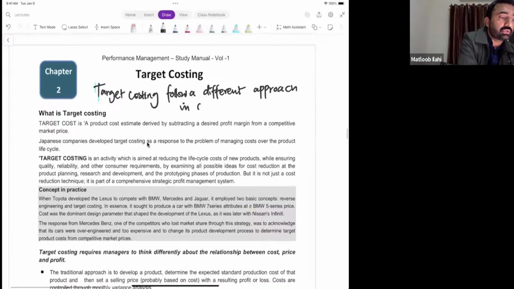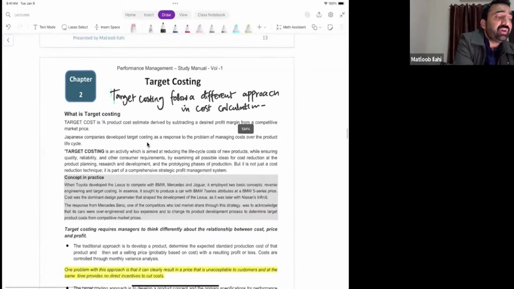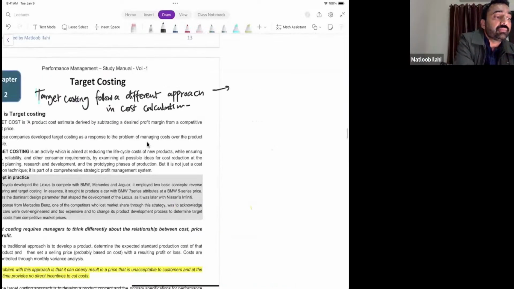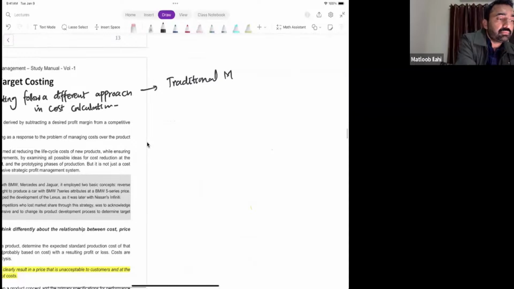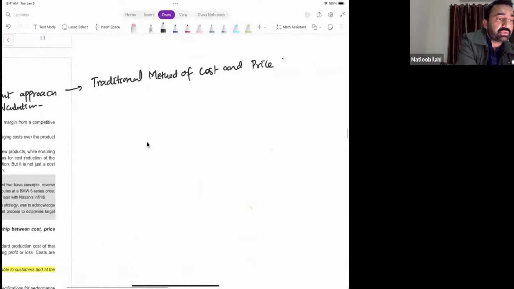In cost calculation, what does that mean? If I compare the traditional method of cost and price calculation, it is that we calculate first.